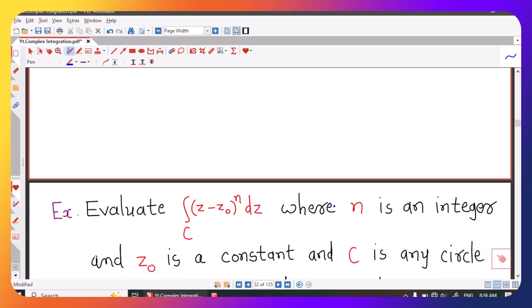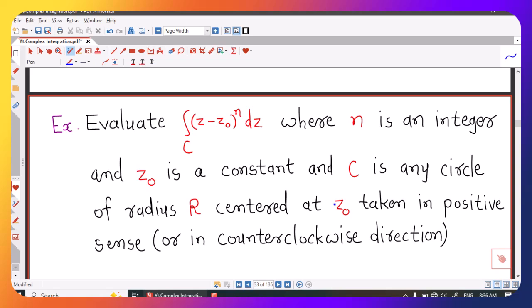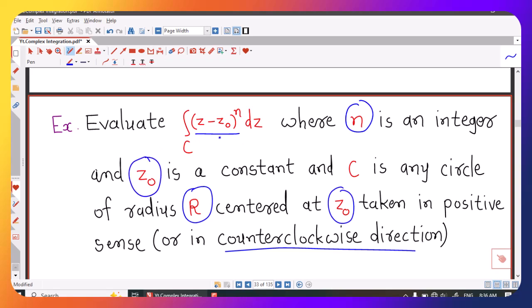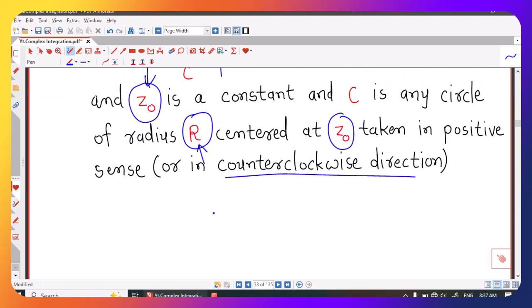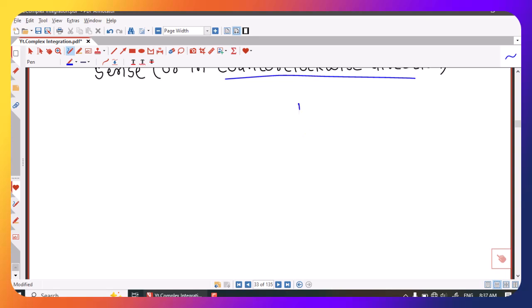In our problem we have taken our contour as the circle of radius r and center z0 in counterclockwise direction, and the function is z minus z0 to the power n. Here n is any integer, z0 is constant, and we are integrating this function z minus z0 to the power n along the circle whose center is this z0 and radius is capital R. That is, we are integrating along an arbitrary circle.